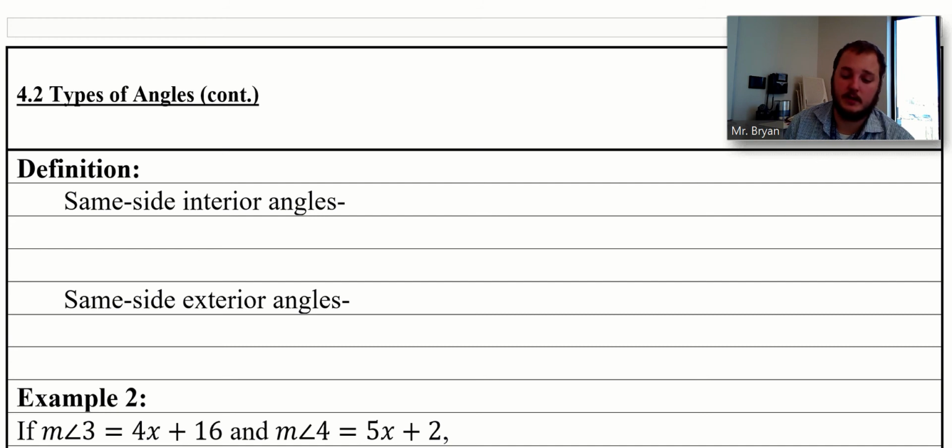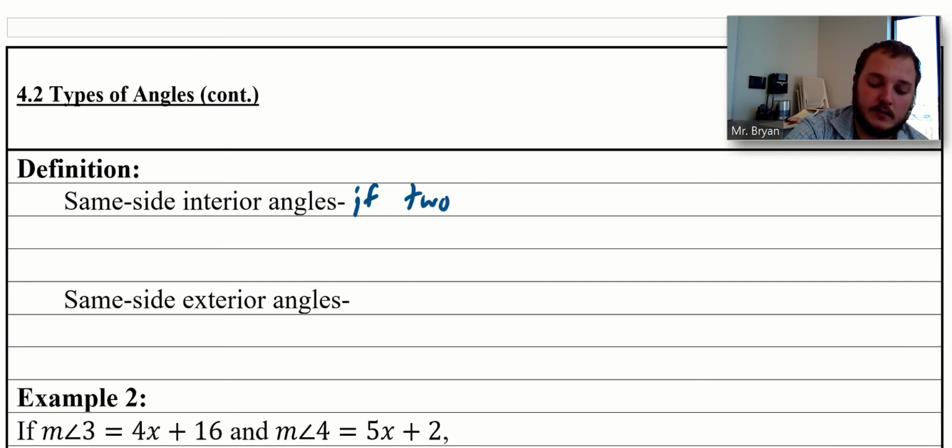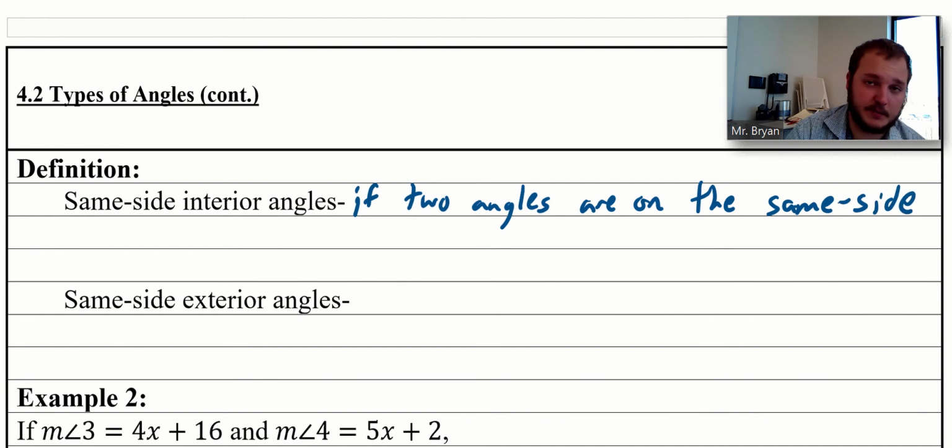Okay, same side interior angles, it says this. It says if two angles are on, instead of opposite sides, now we're saying, like the name suggests, on the same side of the transversal.